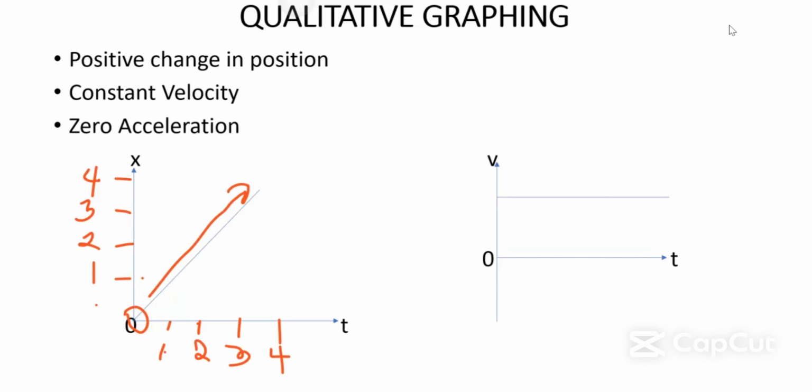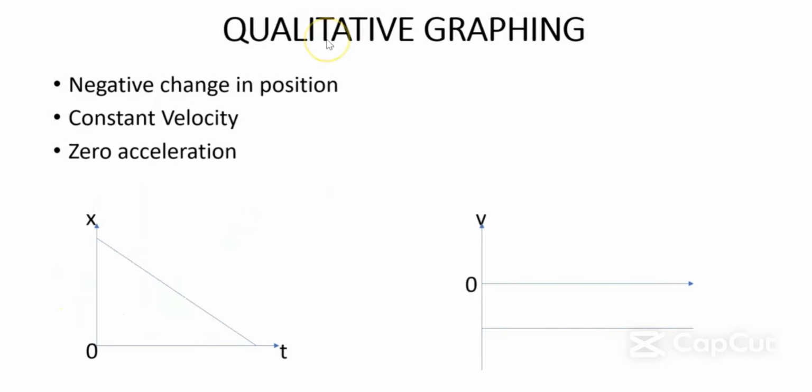Looking at the other part, here the position changes, but the velocity is constant. And you have this double straight line here, you know it's constant velocity in the positive direction. Okay.